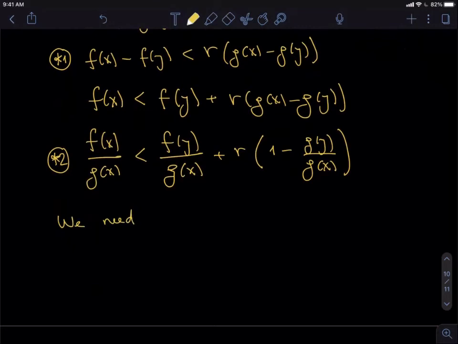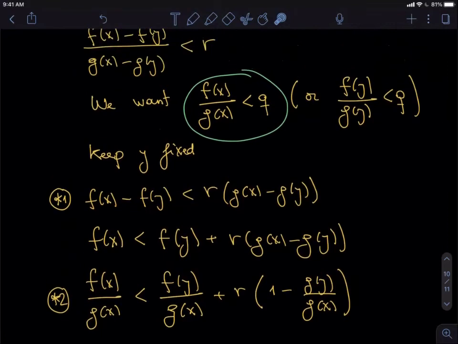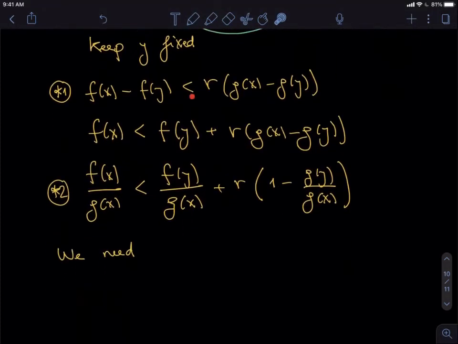Did you notice here that to get this first equation, star 1, I multiplied the whole thing by g(x) minus g(y)? But because the inequality stays the same way, I'm implicitly assuming that g(x) minus g(y) is positive, because if it were negative, the inequality would flip.